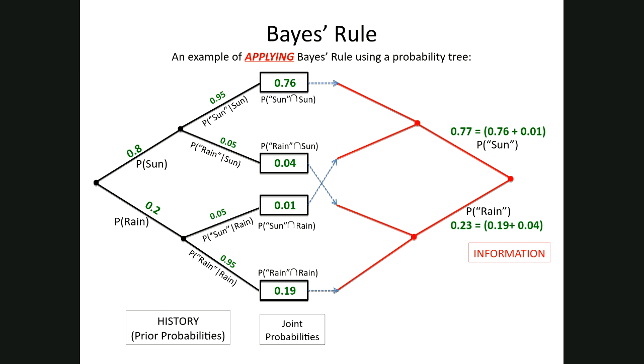So what we want to calculate here is the following. We want to calculate the probability that it's actually sunshine given that the forecast was sunshine.